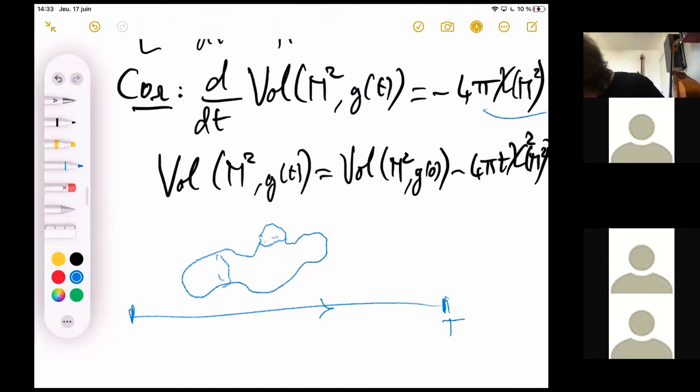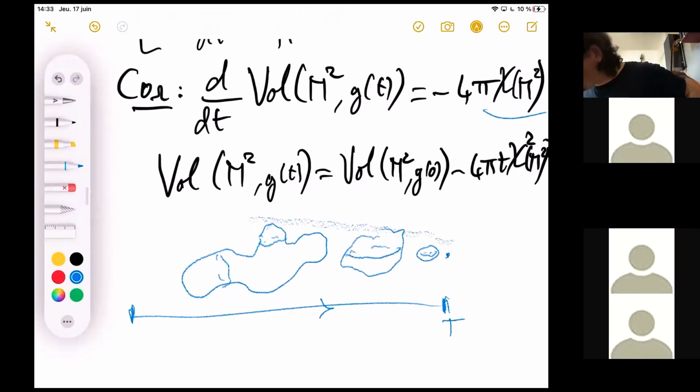And actually, what will happen in that case is that it will shrink to a point, but it will get rounder and rounder. We will see when we talk more about the Ricci flow in dimension 3 what's going on.